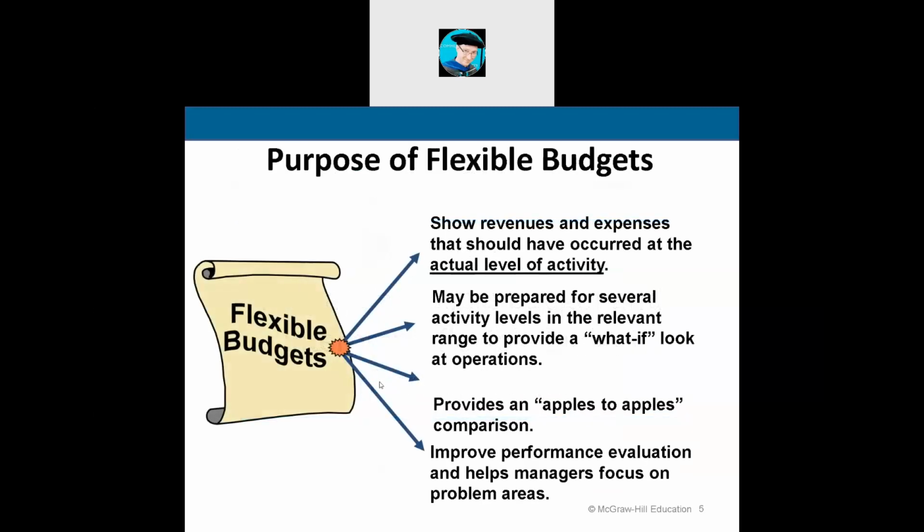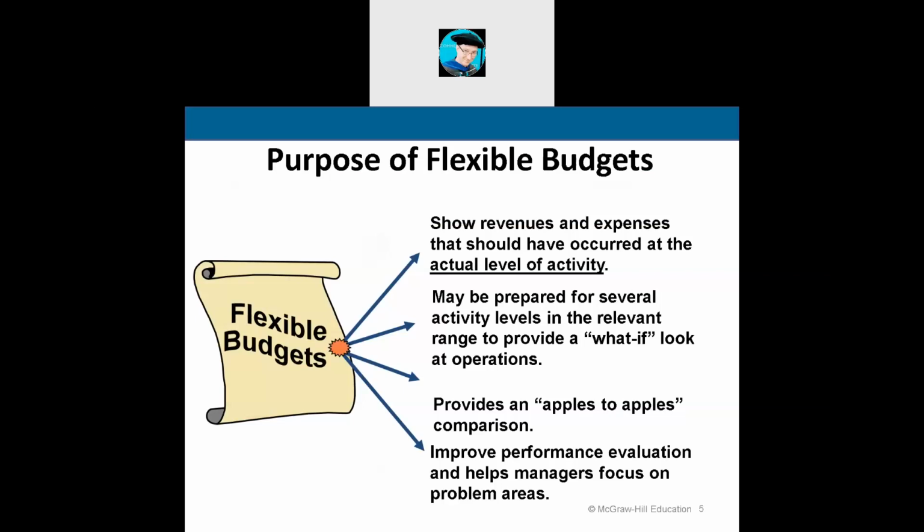Flexible budgets, on the other hand, which is what most people use, give us the ability to be flexible at different levels of activity. Now, if I sell 100,000 units, that's what I expect. If I sell 110,000, that's like the high level.